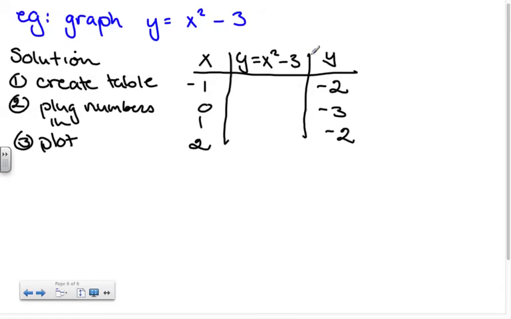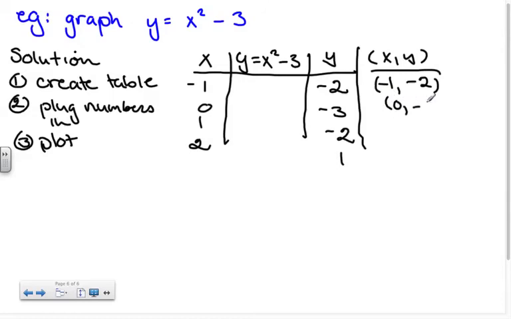And then 2 squared is 4. 4 minus 3 is 1. So I'm going to put the ordered pairs right here. Again, this is more detailed than necessary. So at -1, -2; 0, -3; 1, -2; 2, 1.